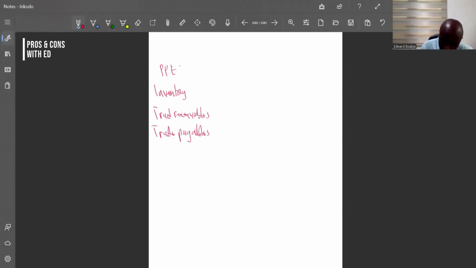And then lastly, we have cash. So we have our carrying amount, which is the same as our net book value, and then we have the tax base.